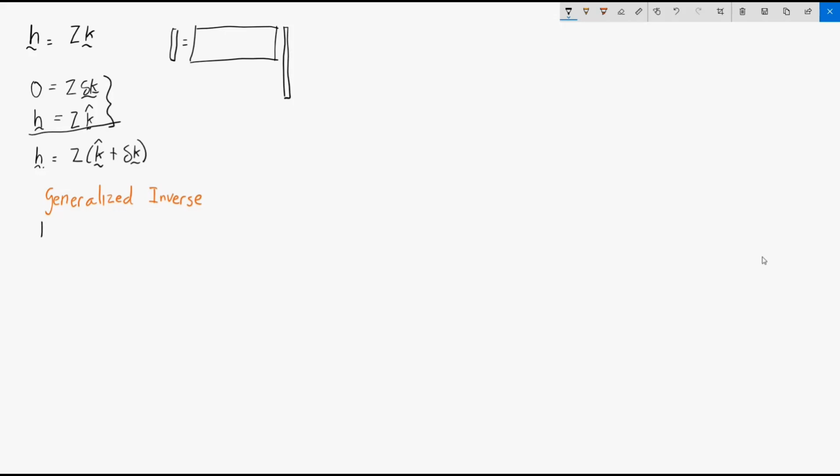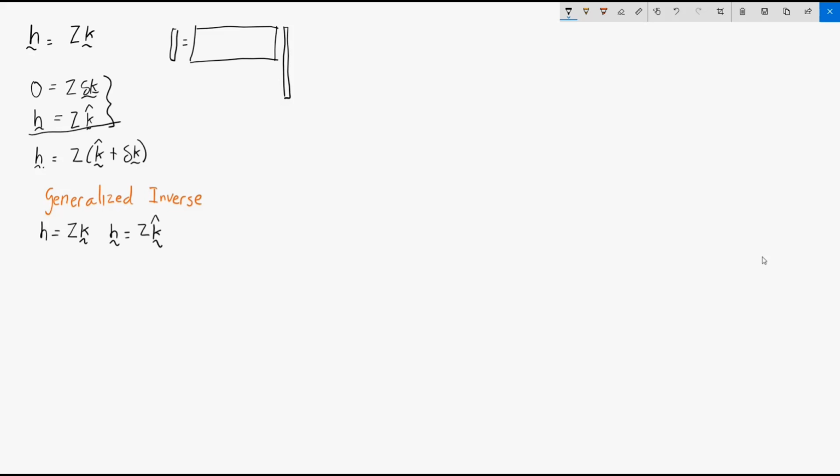So here's my original equation, h equals Zk. Now suppose one way or another I've obtained a solution to that inverse problem, a k hat. Hence h equals Z k hat.